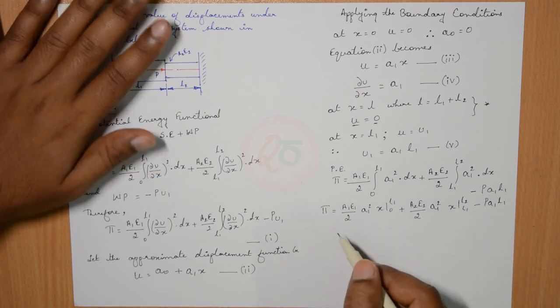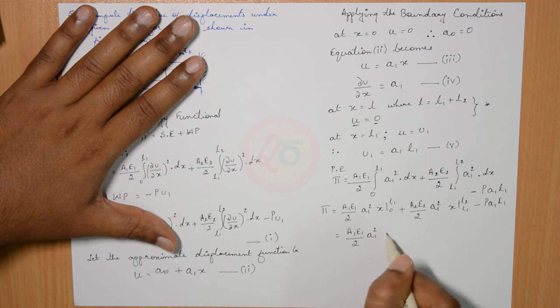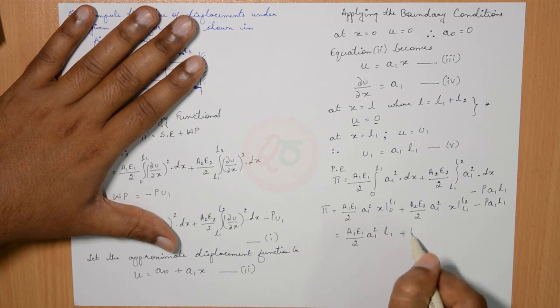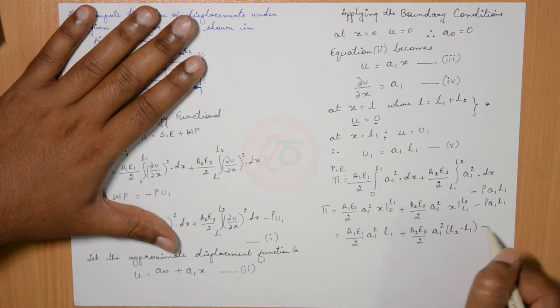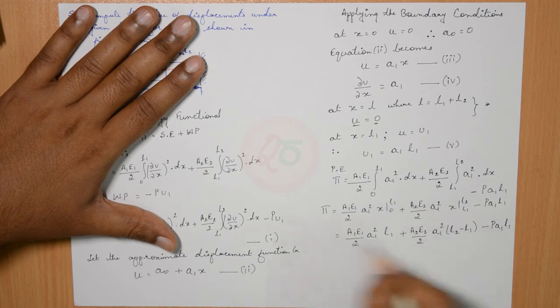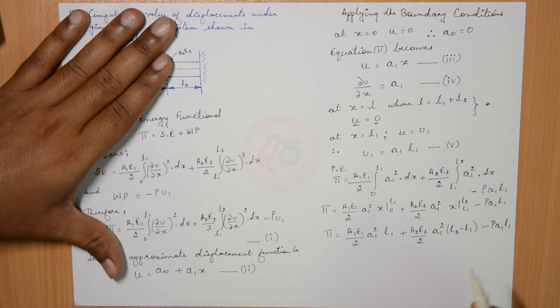So when you apply the limits, you will obtain A1 E1 by 2 a1 square L1 plus A2 E2 by 2 a1 square into L2 minus L1, minus P a1 L1. So this is the potential energy functional. Now once we have the potential energy functional, we need to minimize it with respect to the variable, which is a1.